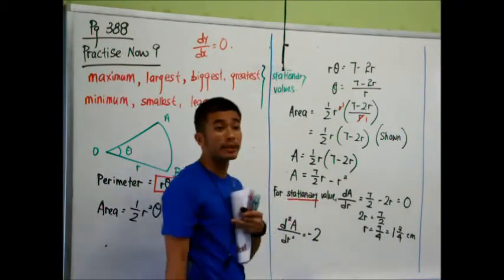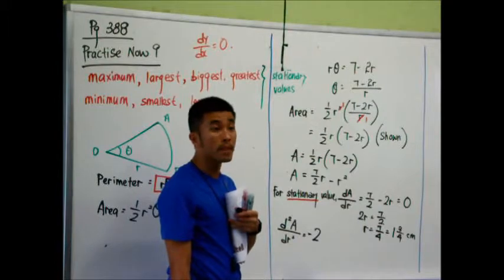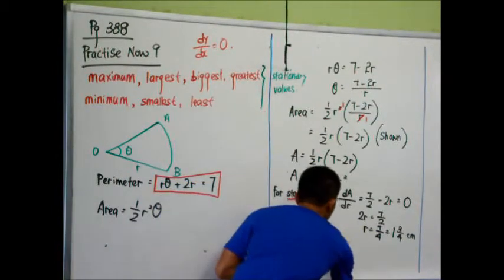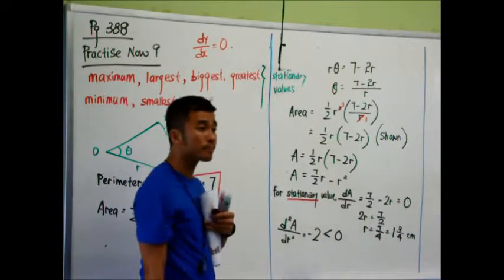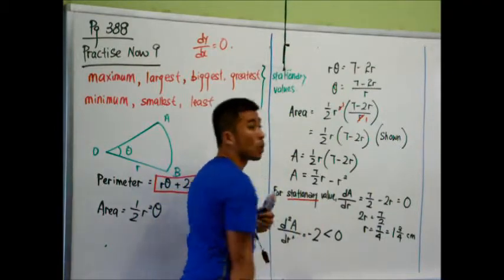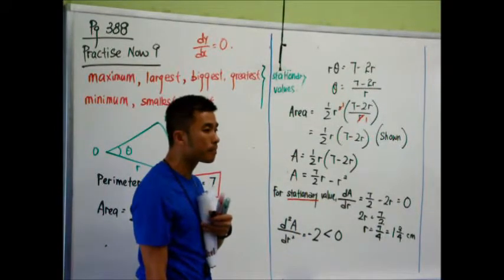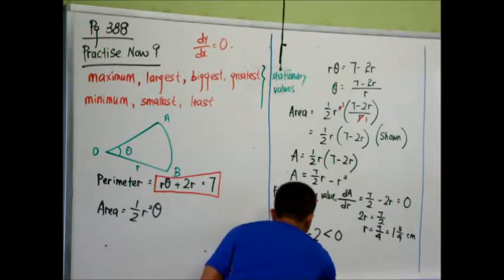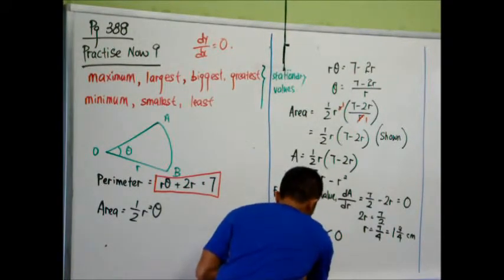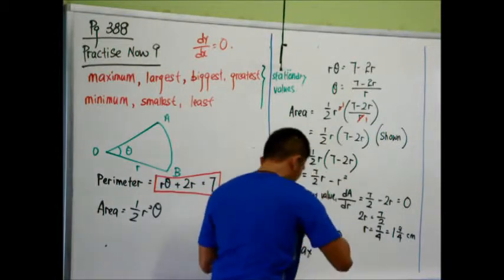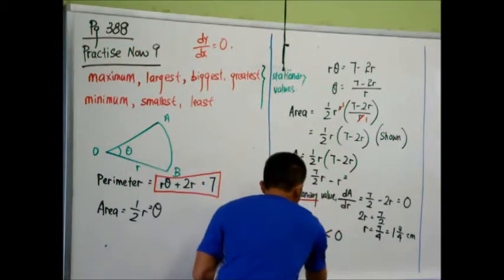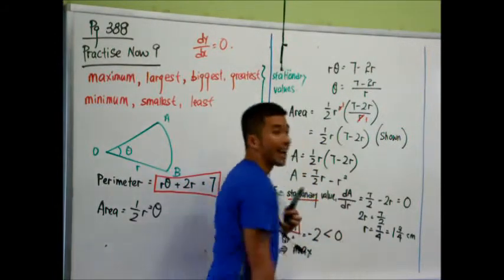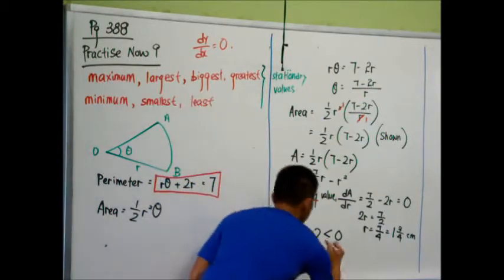Negative 2, is it positive or negative? Negative. So we write less than 0. Agree? If this is less than 0, do we have maximum or minimum? Maximum. So imply maximum A. Okay? It's always maximum A, the one at the numerator.